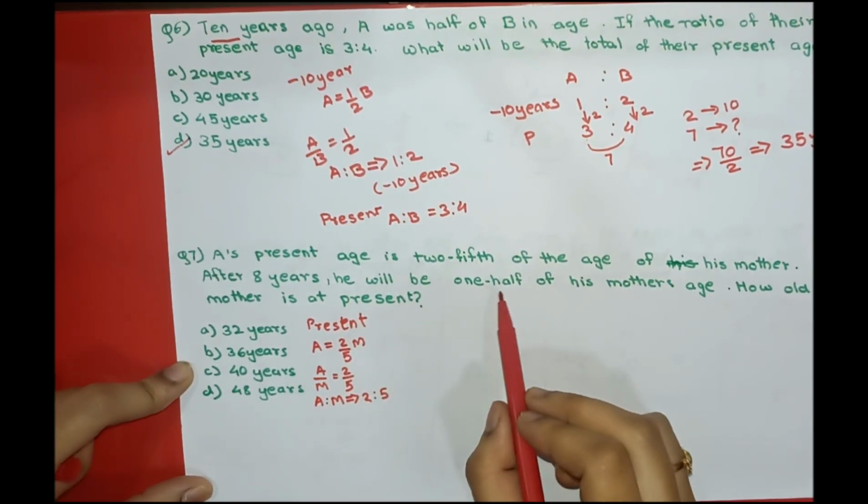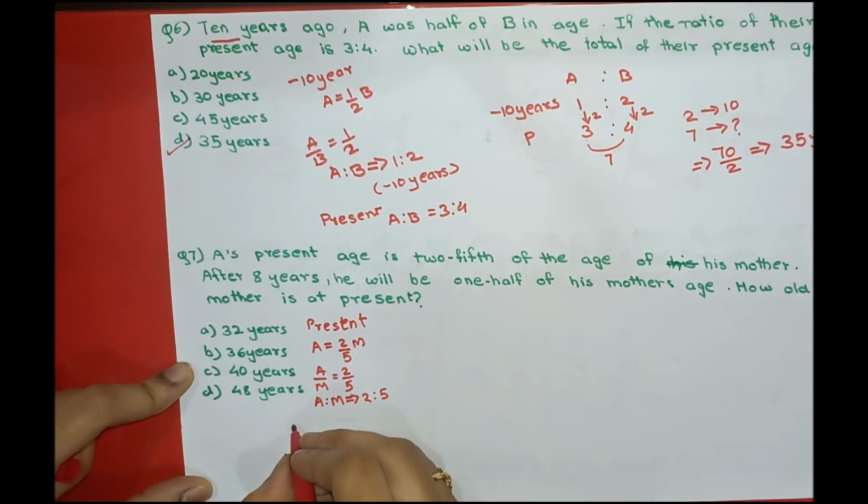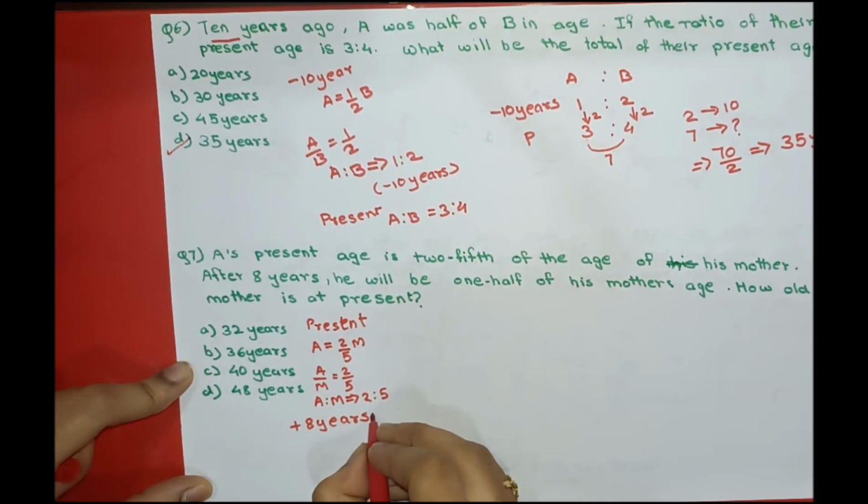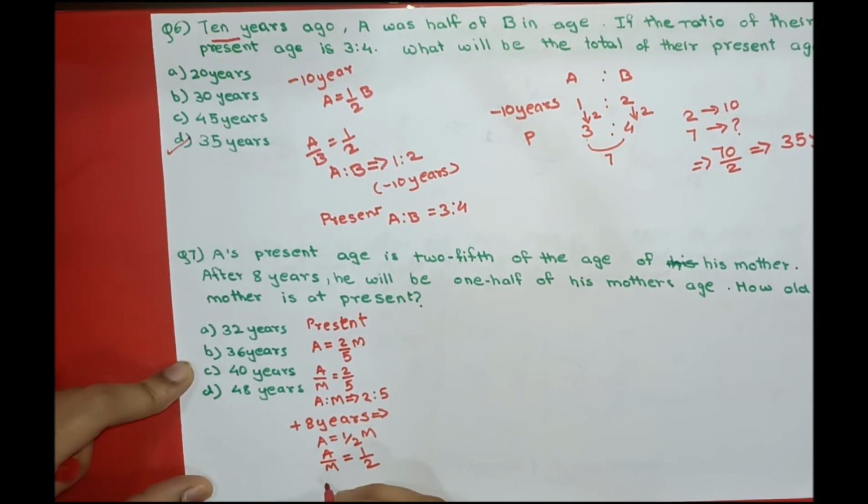After 8 years, he will be 1/2 of his mother's age. So after 8 years, A is half of his mother's age, which you can write as A by M is 1:2, and the ratio A is to M is 1:2.